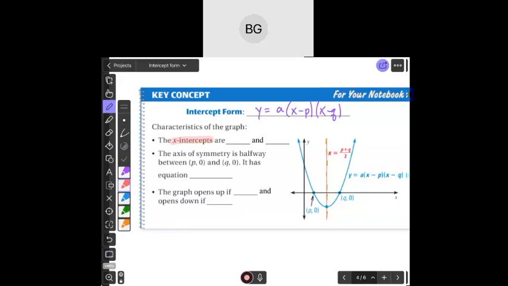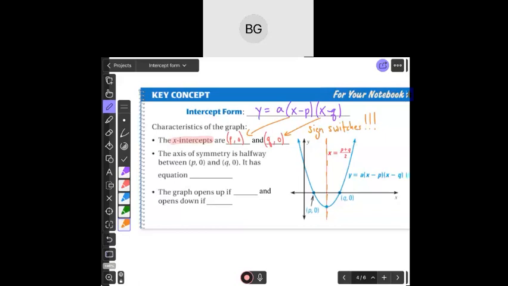And so those x-intercepts are p, 0, and q, 0. So what you need to notice here is that there are sign switches. So just like h lied to us, p and q also lie to you.